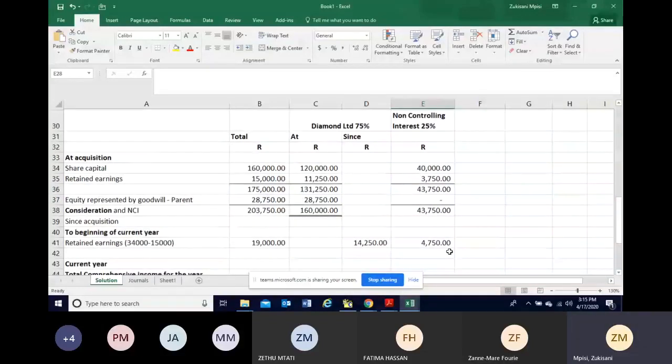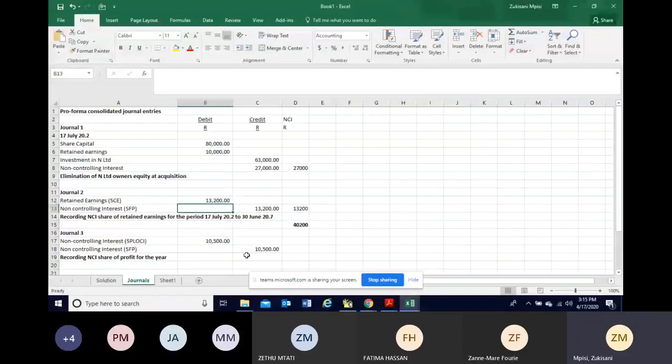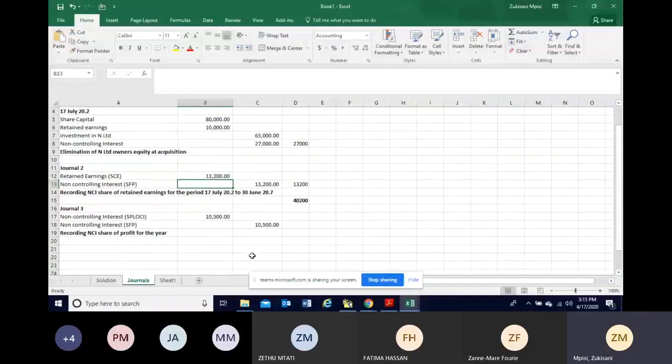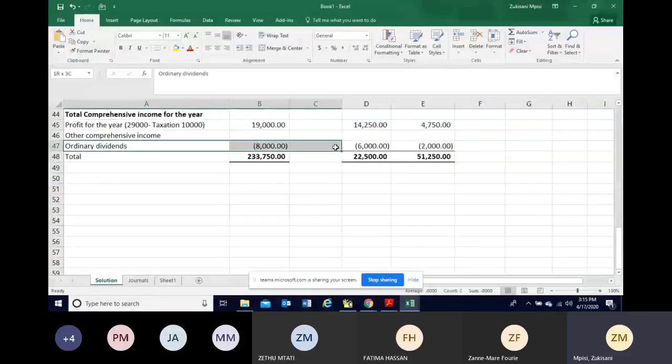We are unfortunately not going to do this because of time, but what I would have loved to show you, I can show you here as well. It's what happened to the journal entries of this part.